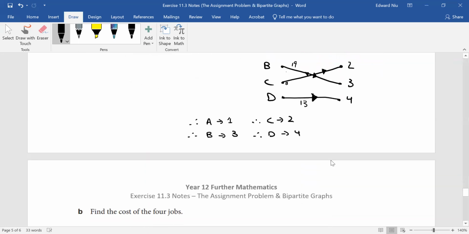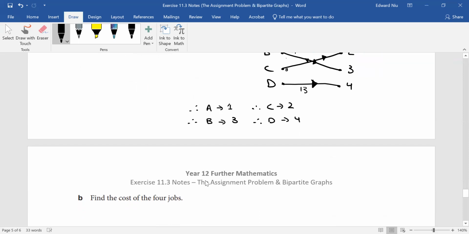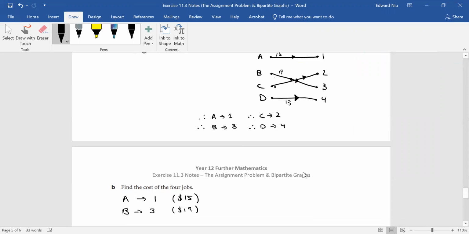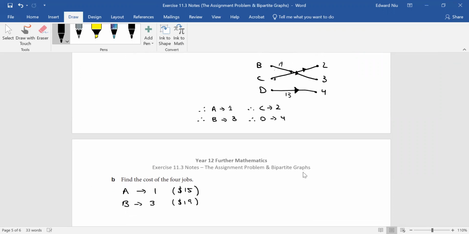How much are all this? So find the cost for the 4 jobs. Well, A to 1 is $15. B to 3 is $19. C to 2 is $13.